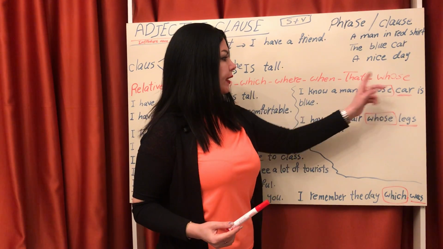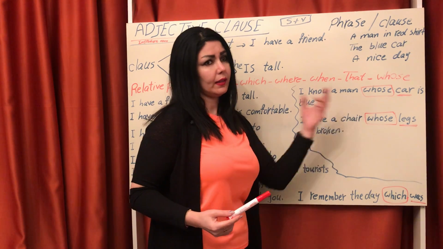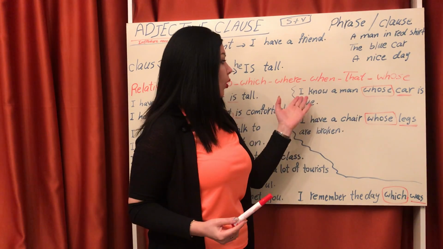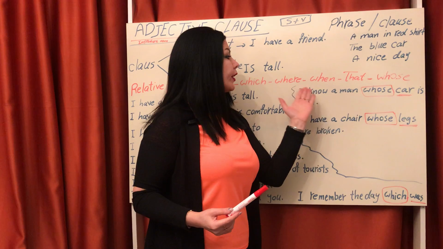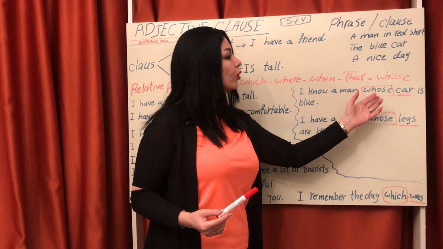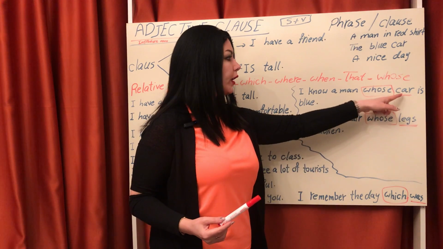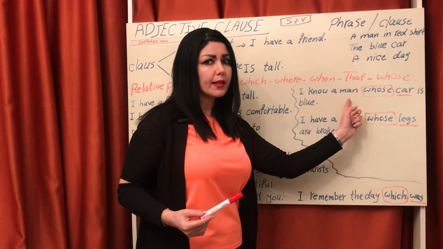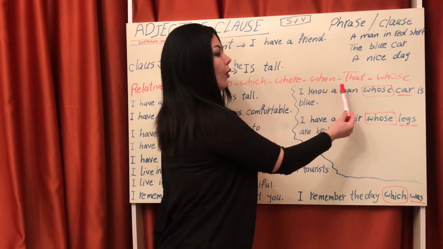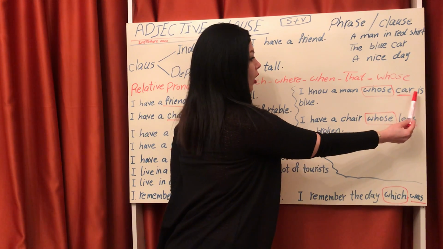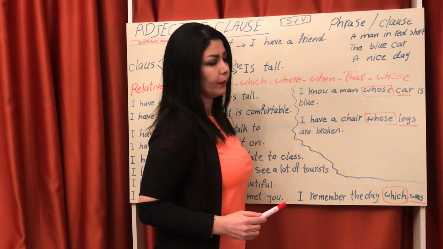The car is for this man and I know him. So I said that I know a man whose car is blue. The car belongs to this man.